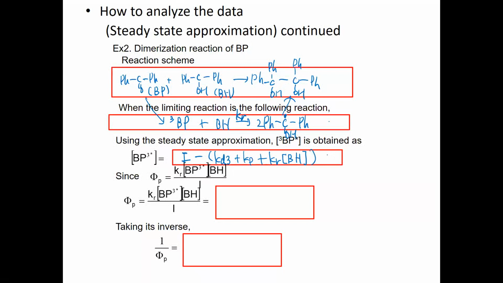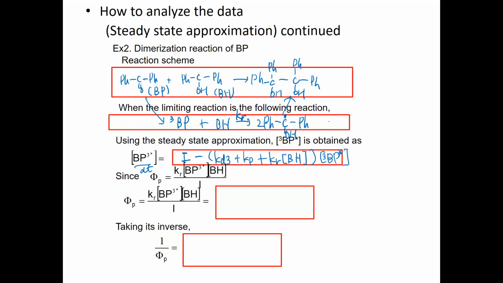And this one is proportional to the BP3 obtained as, sorry, this is missing, and then BP3.